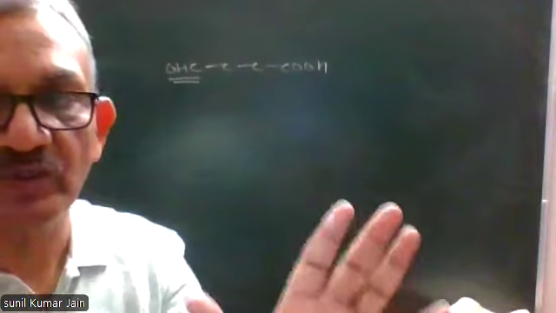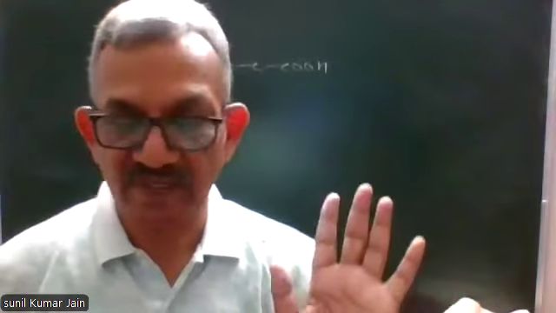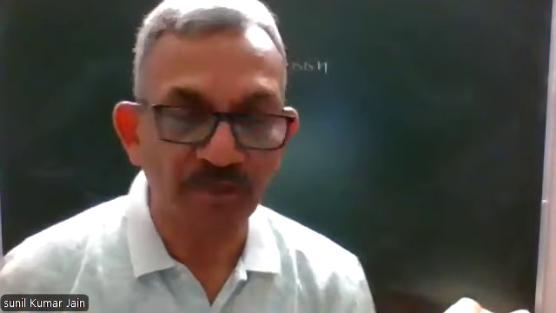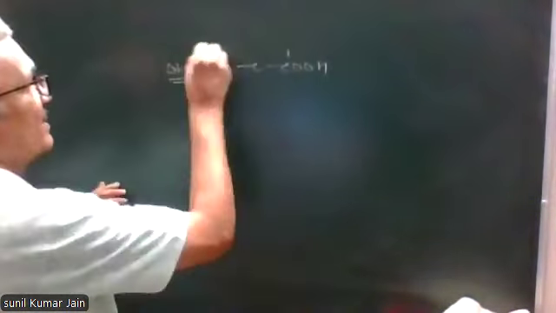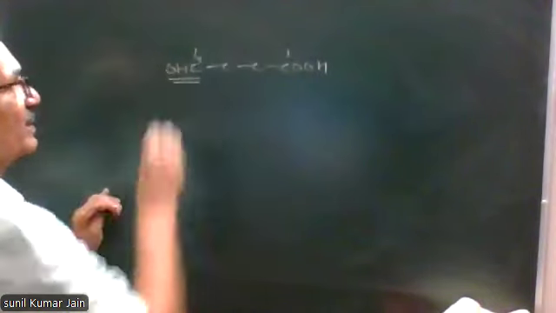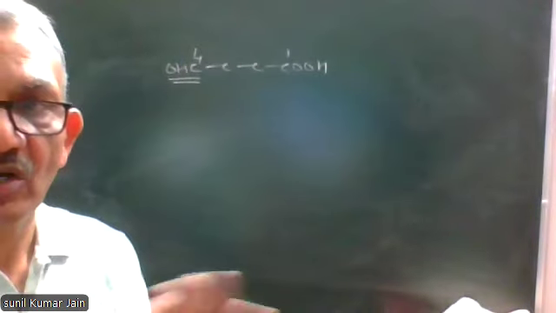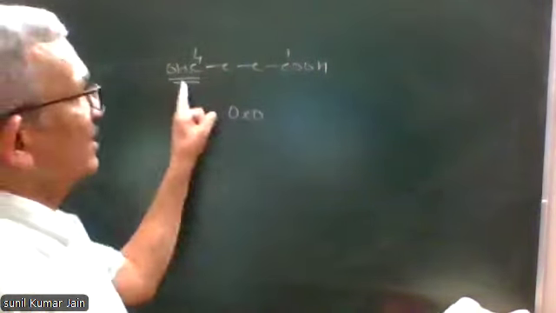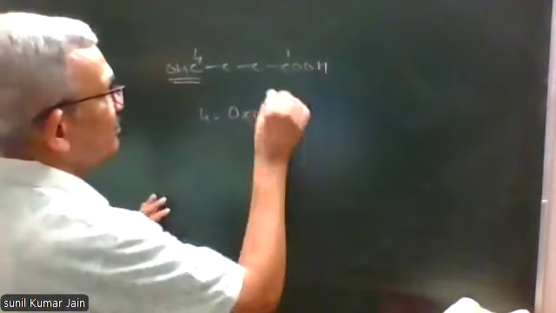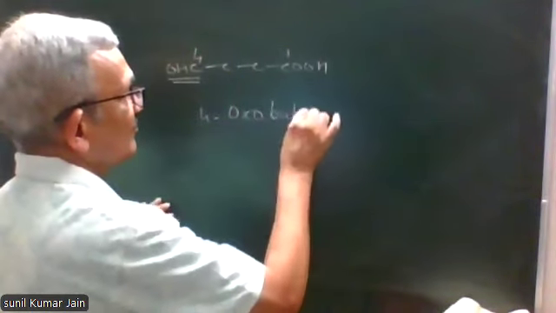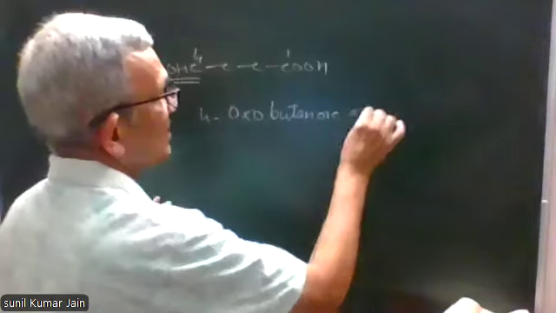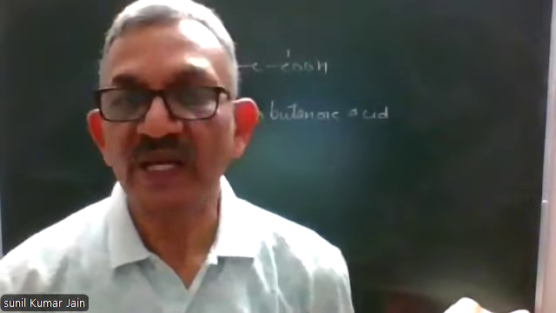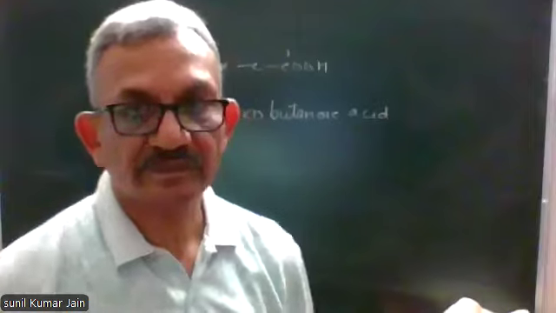So for CHO, we have to use a prefix, and the prefix for the CHO group in this case will be oxo. This is carbon number 1, 2, 3, 4. At carbon number 4 is oxo. So this is 4-oxo, acid of 4 carbon atoms, butanoic acid. 4-oxobutanoic acid.